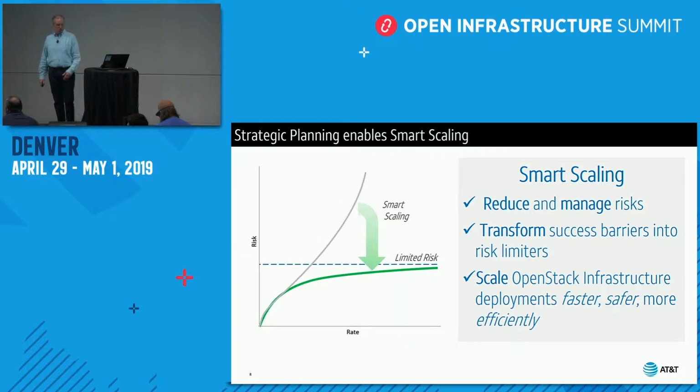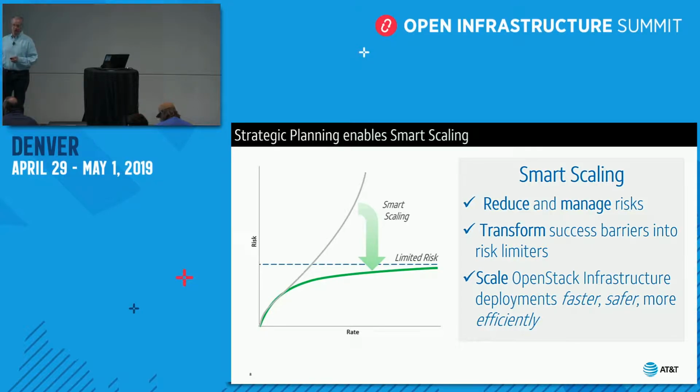So I describe it as smart scaling. Strategic planning, these concepts that I'm going to talk about today, really help enable smart scaling, scaling quickly with as little risk as possible, hopefully achieving 3 out of the 3, but at least faster.